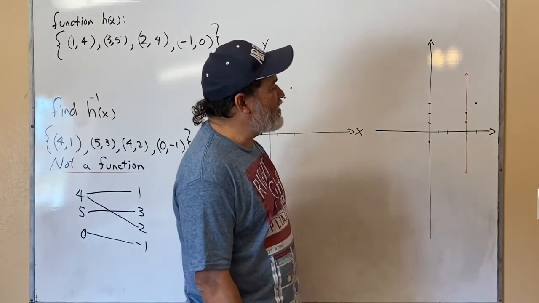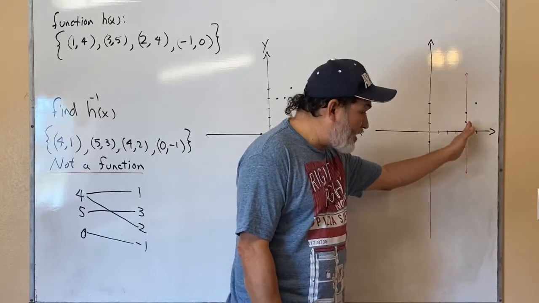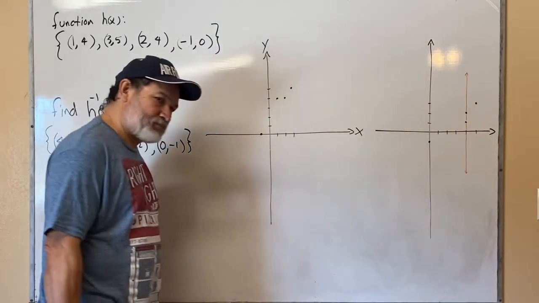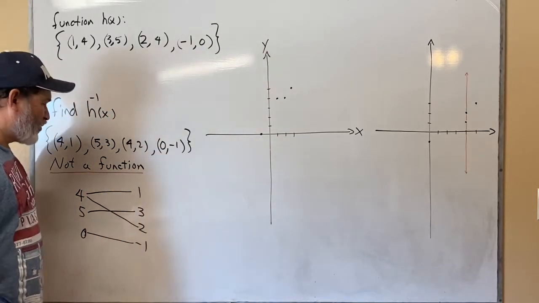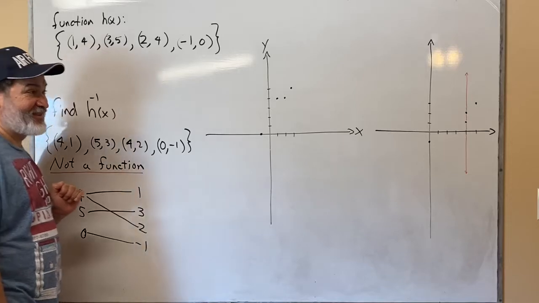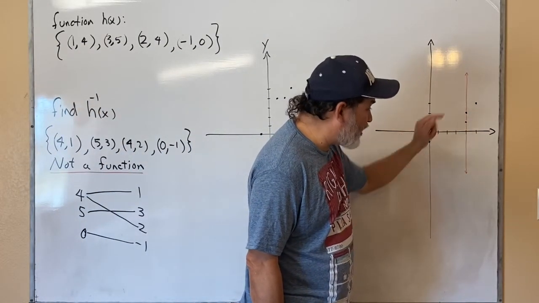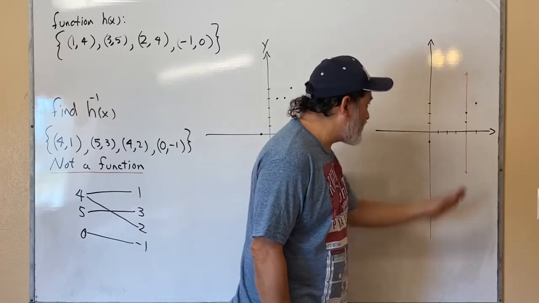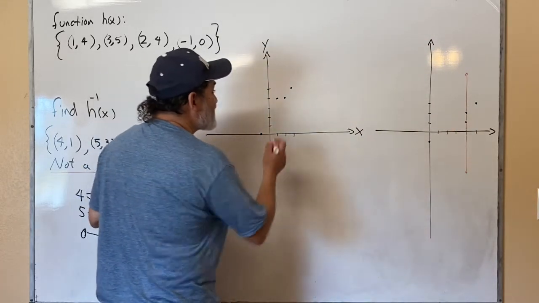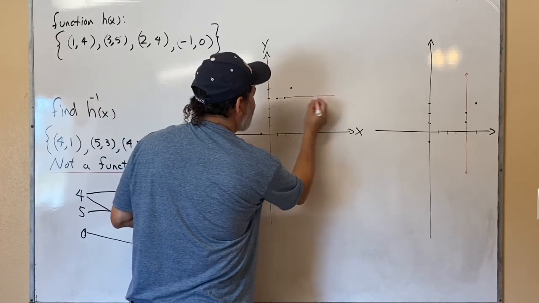But you see this vertical line? This vertical line, which is why this is not a function. This vertical line passes through these 2 points. This vertical line is this horizontal line.